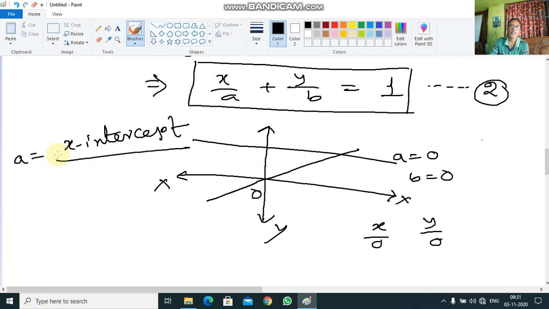For this reason, a line parallel to the x-axis cannot be expressed in the intercept form.